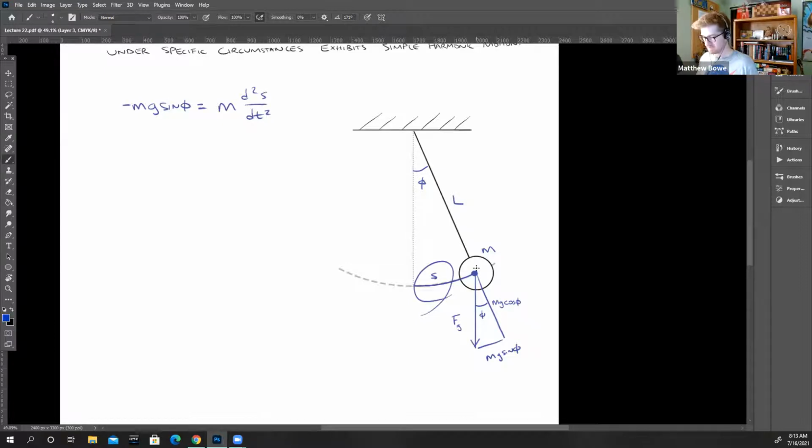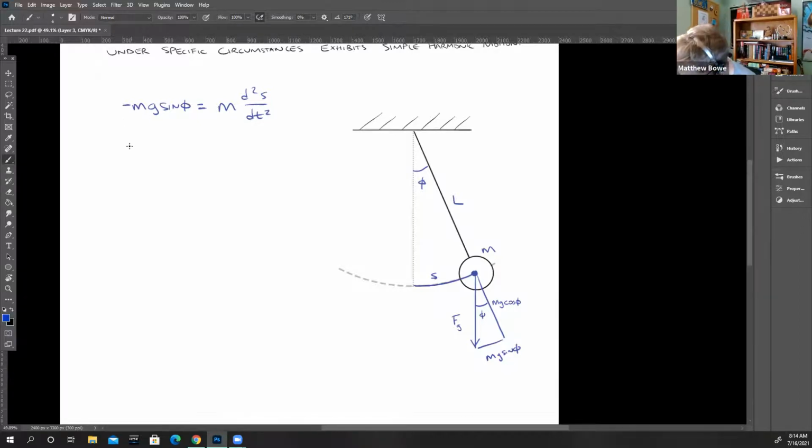And why I'm doing this is, remember, a second derivative of a position is acceleration. So what this is saying is mass times acceleration, and that is just a force. So ultimately what I'm saying from this equation is that the tangential motion that way is due to a force that is pulling it back that way. So those are equal. That's where I'm starting.